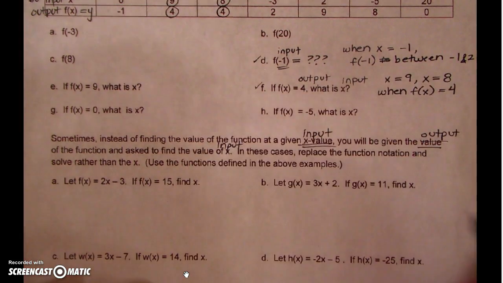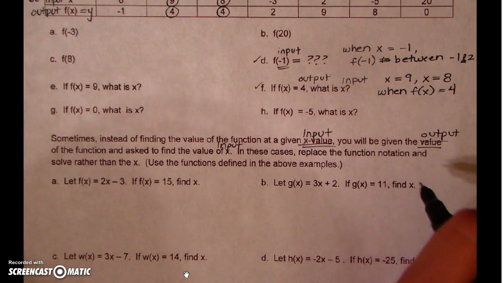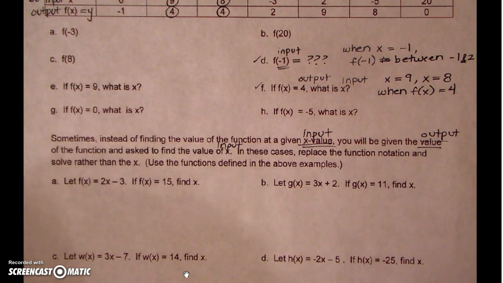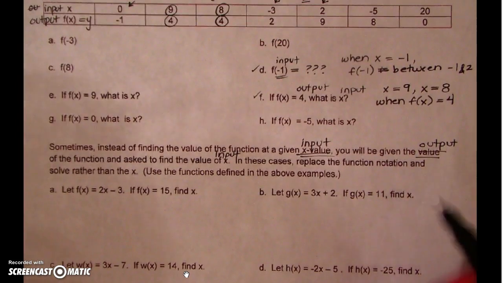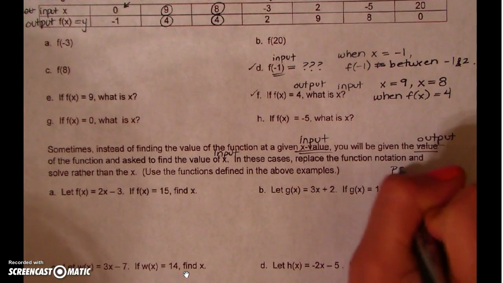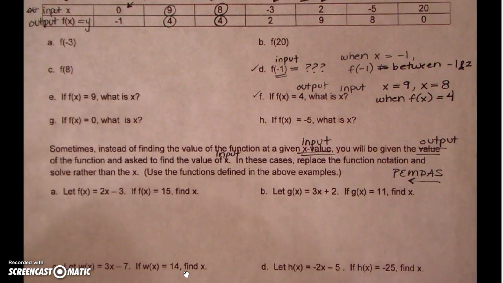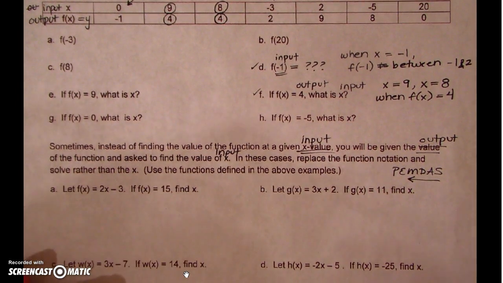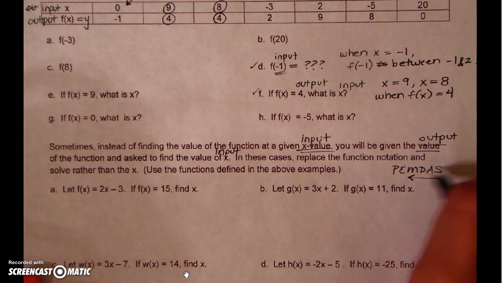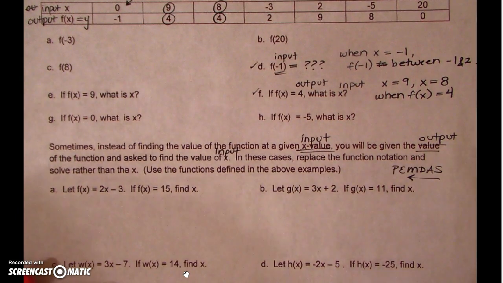In these cases, we replace the function notation and solve for x. So we know that whenever we solve an equation, we're going to do PEMDAS backwards, or GEMDAS, which is the way that I taught you guys. We're going to do it in the opposite direction, okay?